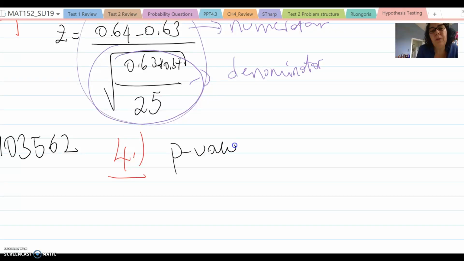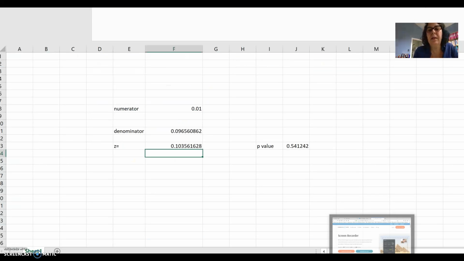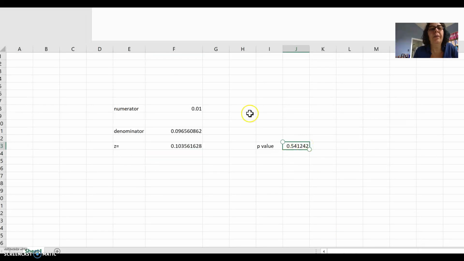So for the p-value, I'm going back to my Excel. Let's see what I have put there. Okay, so norm.s.dist, test statistic 0.103, because it's a left tail test. If it was a right tail test, I needed to look back to my H alternative to be able to make that decision. I would use a different formula here.